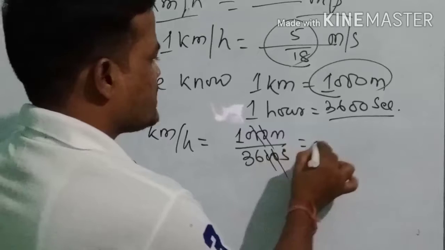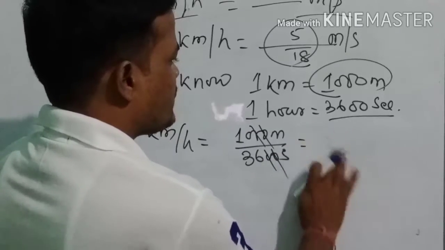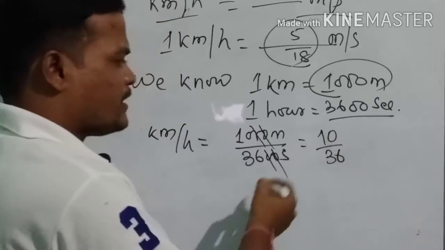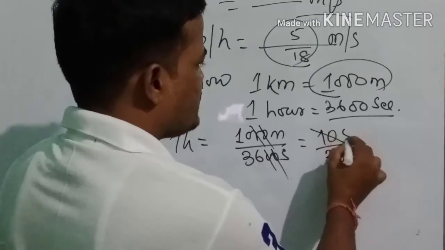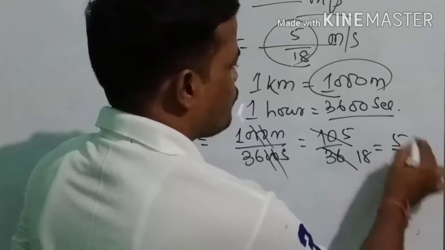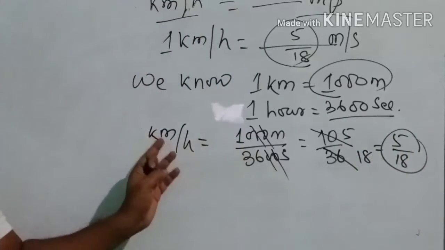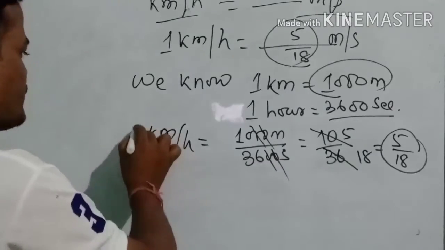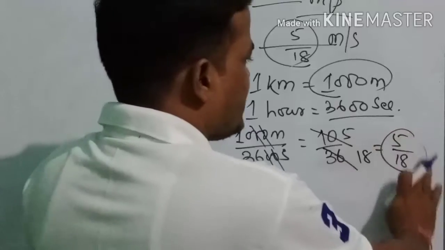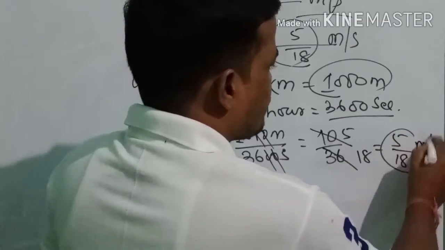Now 10/36 remaining. Let us cut it by 2: 5 and 18. So what is coming? 5/18. So 1 kilometer per hour we can say is equal to 5/18 meter per second.